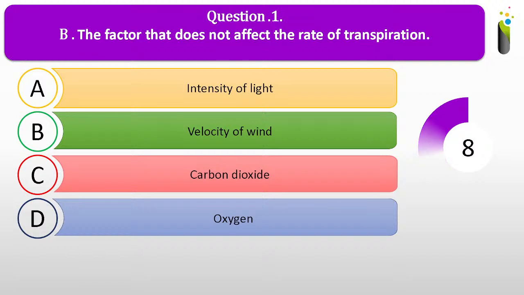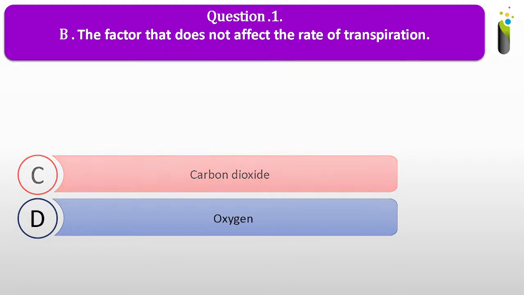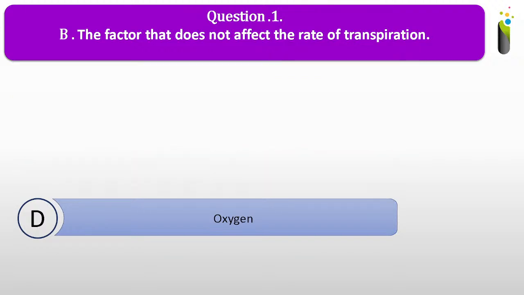So what should be the answer for question number 1b? And the factor that does not affect the rate of transpiration is oxygen.